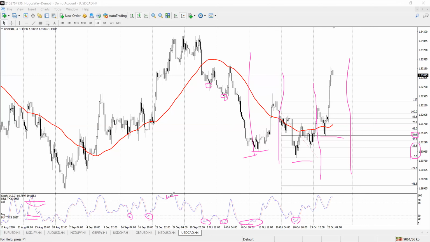vice versa, guys. If it's overbought, it's going to be up here. If it's oversold, it's going to be down here. So those parts where we were buying in that area, it was oversold. Too many people in the market were selling. And just like here, this was overbought, and so it gave us an indication to sell that same pair straight down. Just like at any point here too, it was oversold, overbought, right?